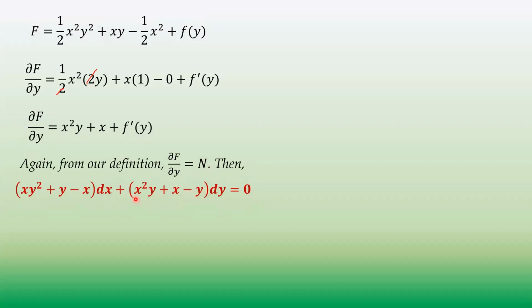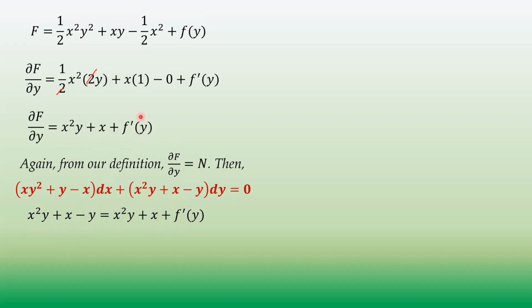Kaya ang n ay x squared y plus x minus y. Kaya yung ating partial derivative of f with respect to y ay equal sa n. So palit natin dito: x squared y plus x minus y equals x squared y plus x plus f prime of y.